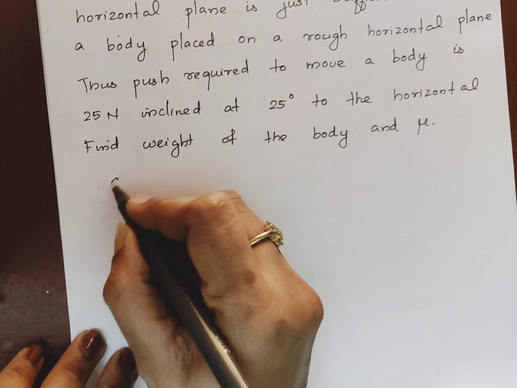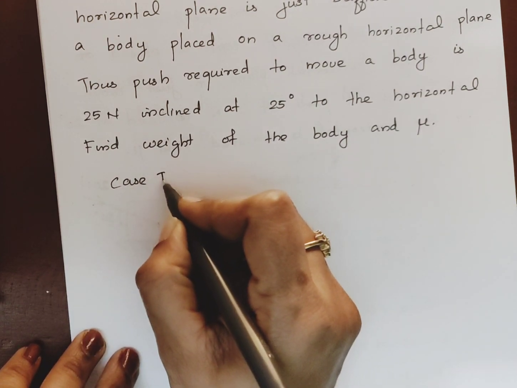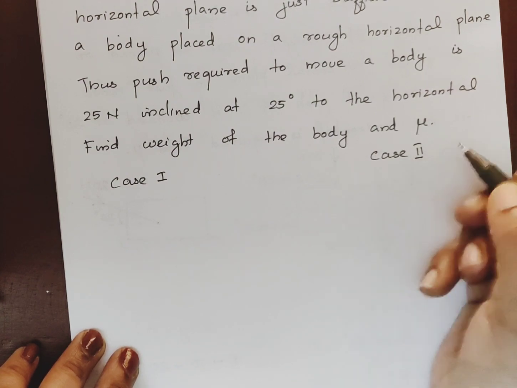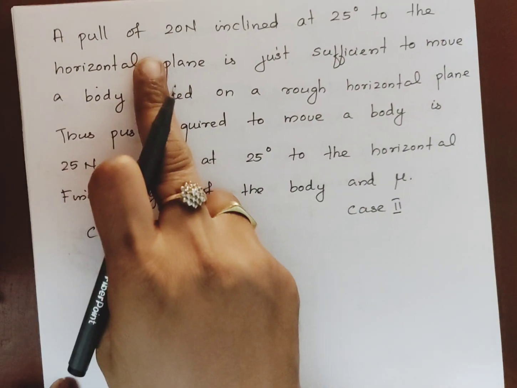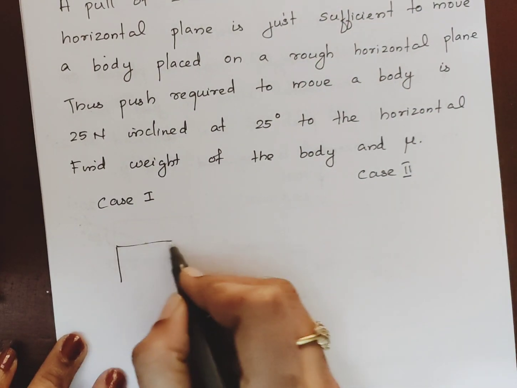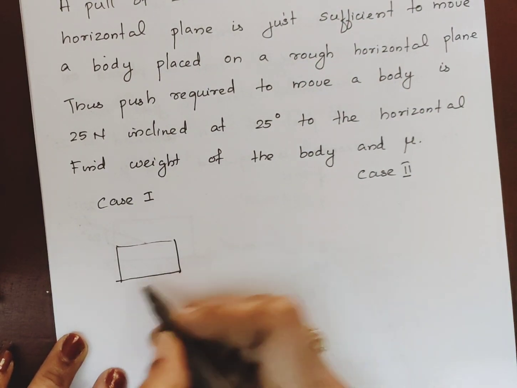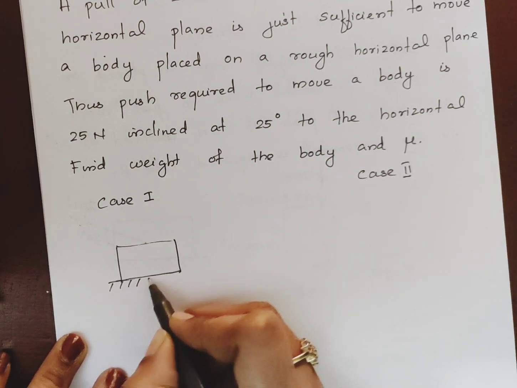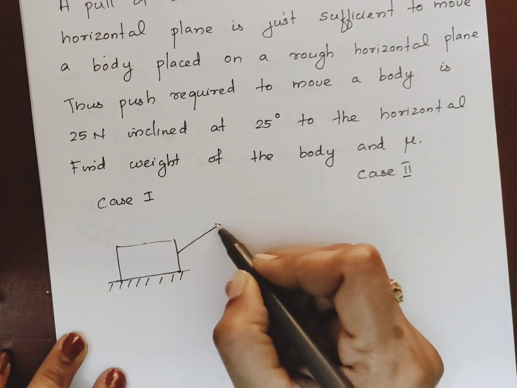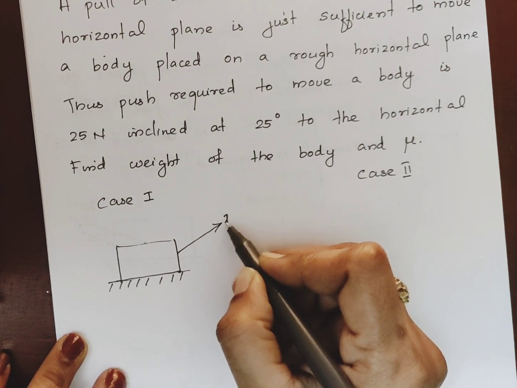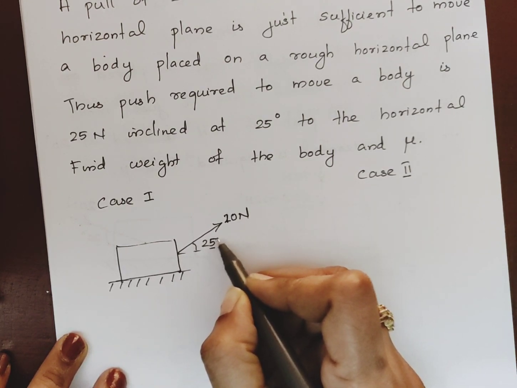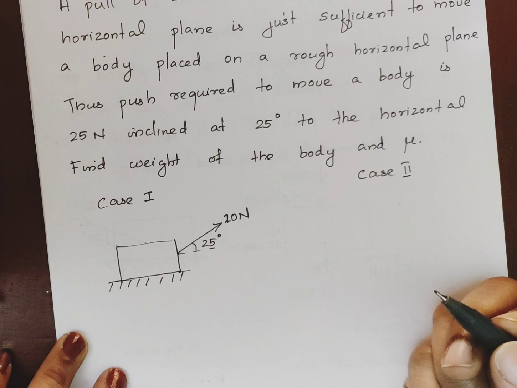So you have to consider two different cases, case 1, then case 2. So in the first case, a pull of 20 Newton inclined 25 degree to the horizontal.